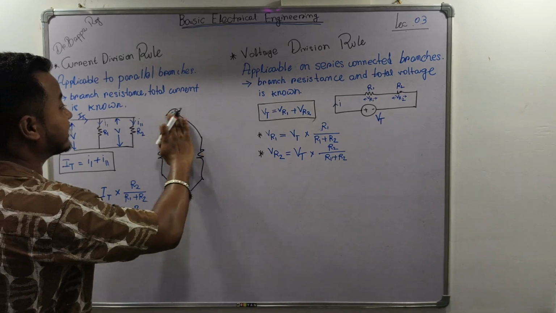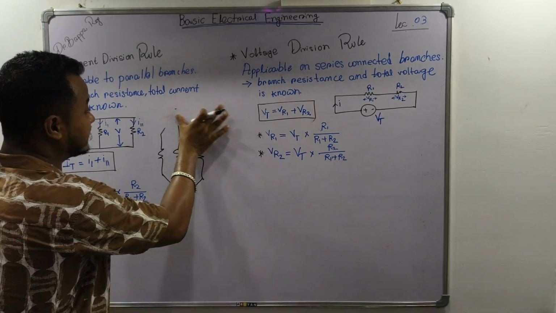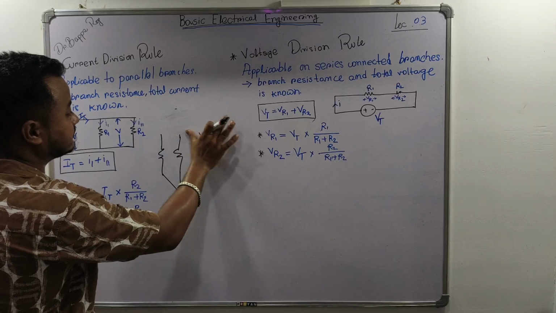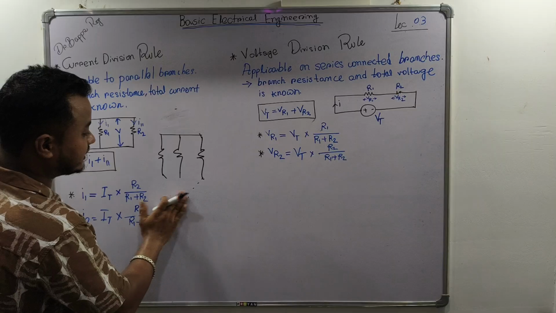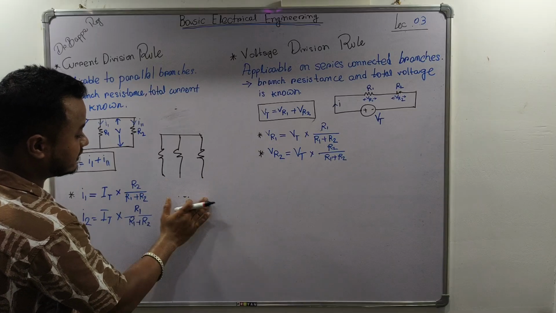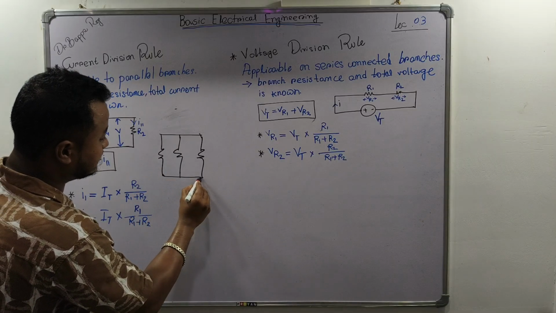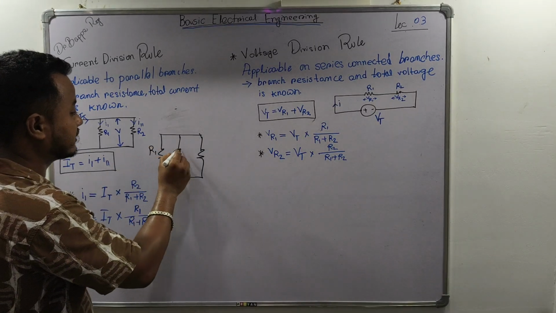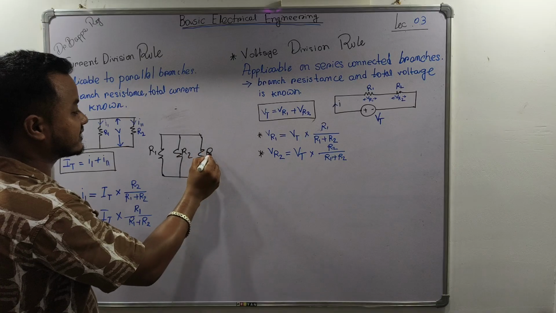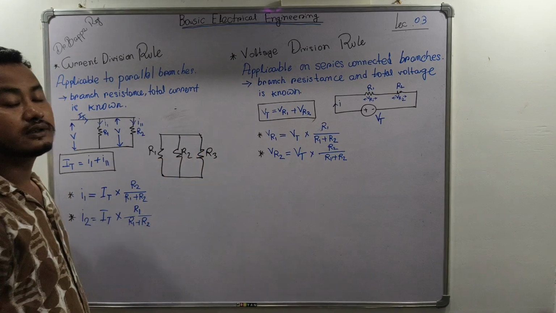We can also show this connection by directly shorting them, they are parallel. R1, R2, R3 are the resistance values of each branch.